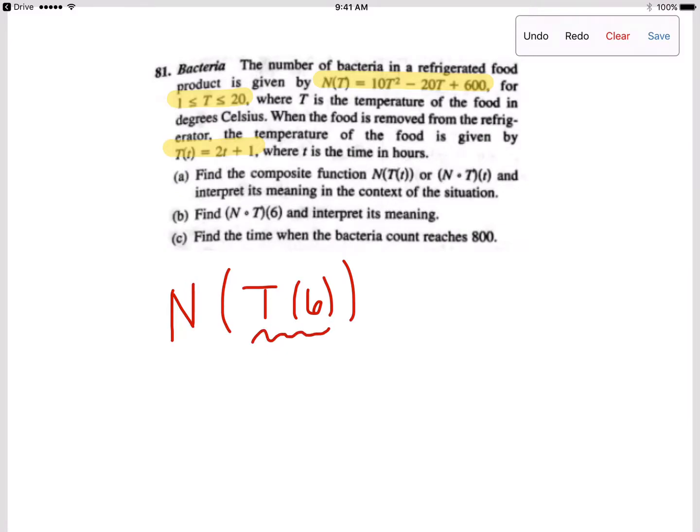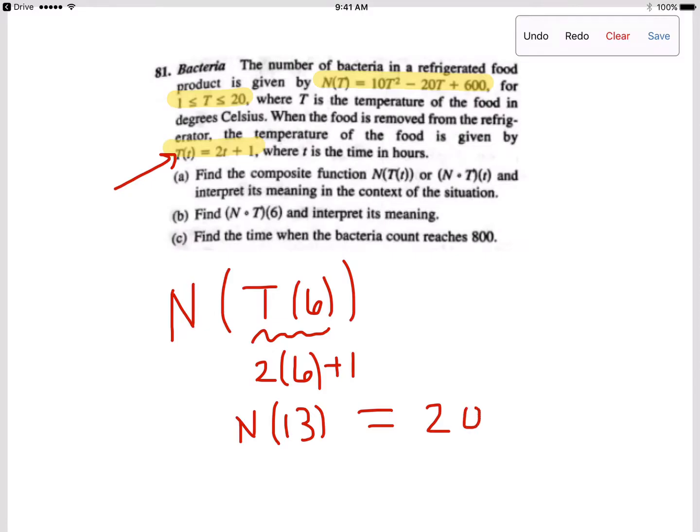So we would go to the capital T function here, and we would plug in, and we would get 2 times 6 plus 1, which is 13. We then would plug that value back into the N function, which then gives us 2030. Remember, 2030 is ultimately the number of bacteria produced after 6 hours of time.